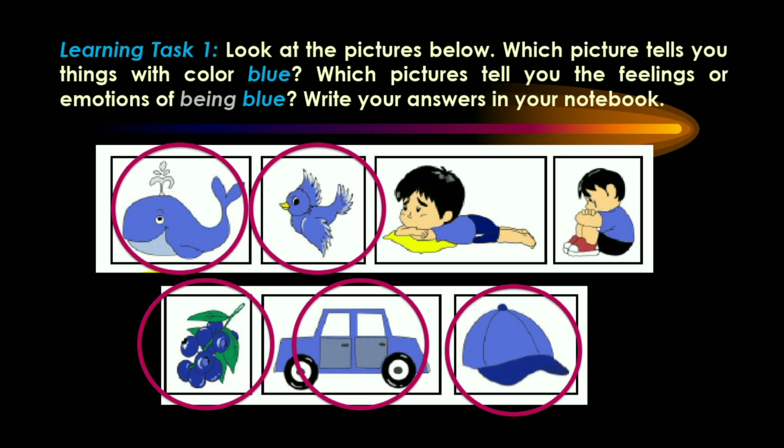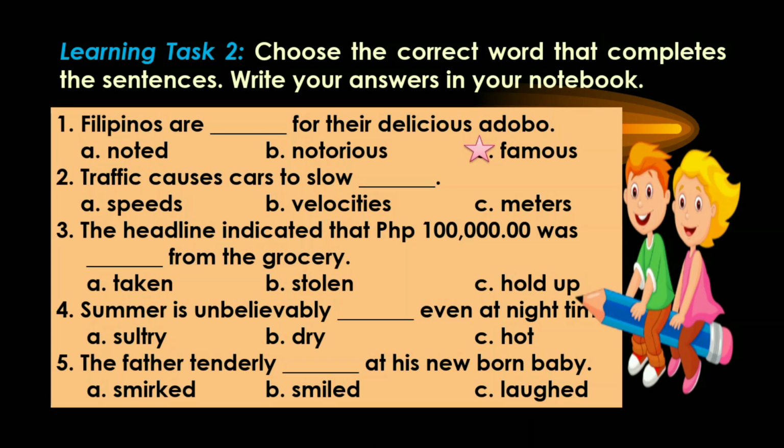We have, yes, that's it, the boys in the picture. The things with the color blue like the car, the blueberries, bird, fish, and cup, and of course the whale refer to the meaning of the blue color. While the feeling of being blue refers to the emotion of being sad, like the boy in the picture who is sad.